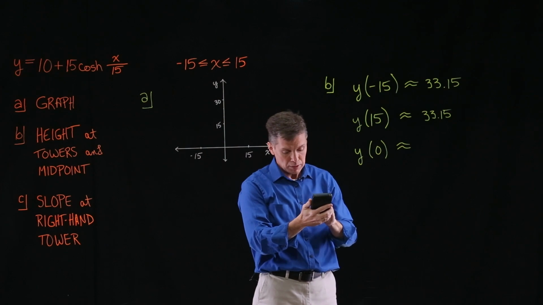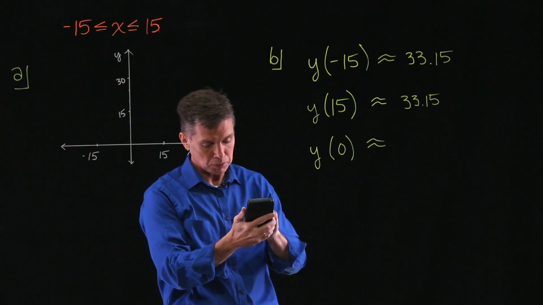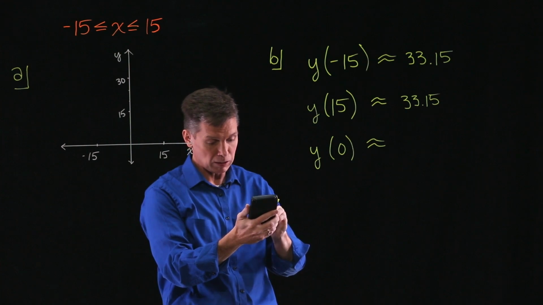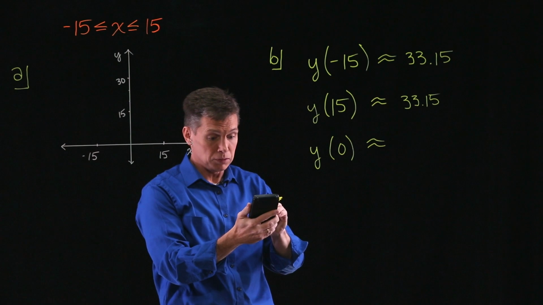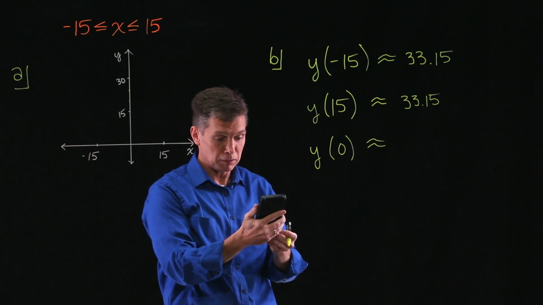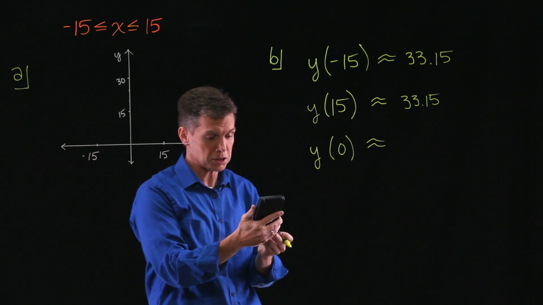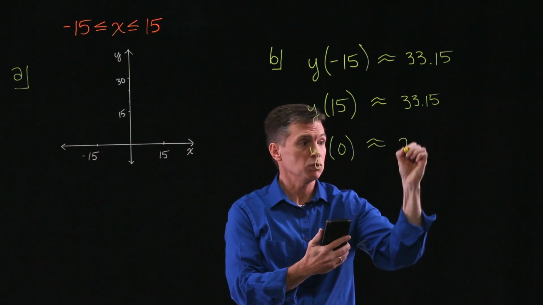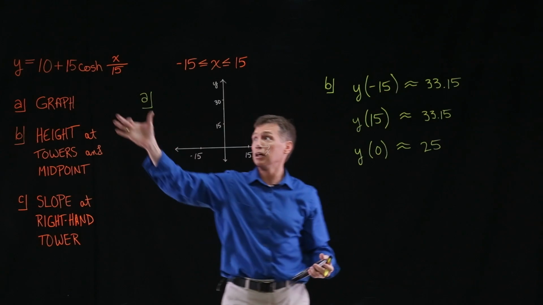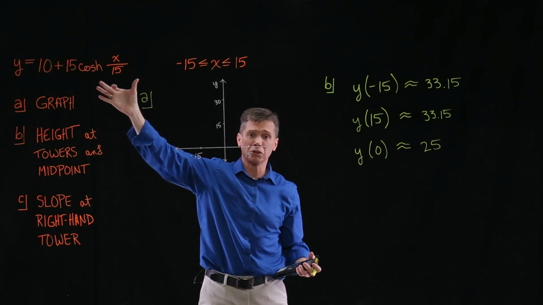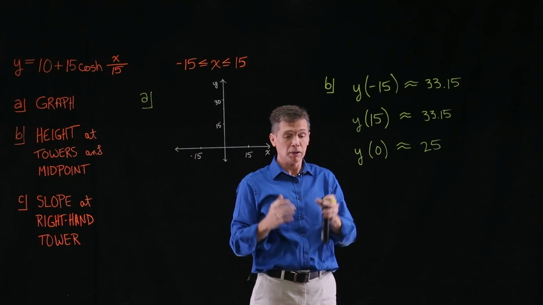This time, 10 plus 15 times, bring up that cosh again, and 0 over 15, obviously 0, that you're entering as the argument of cosh, and I'm getting an answer of 25. If you could do that one in your head, the cosh of 0 is actually 1, so 10 plus 15, that's why we're getting a 25.